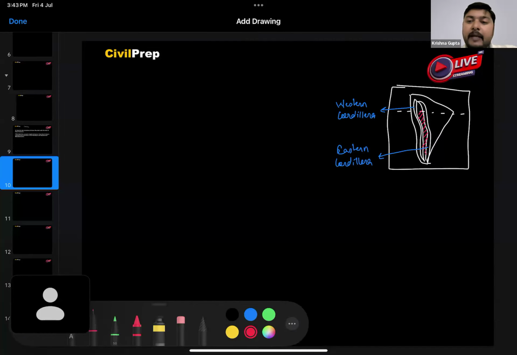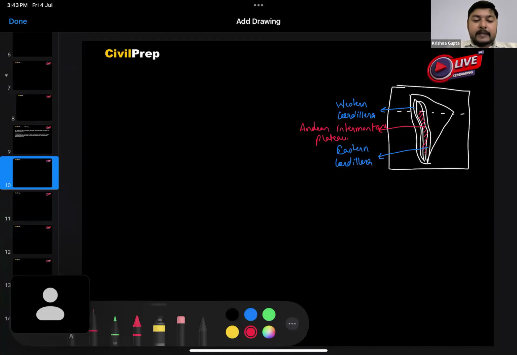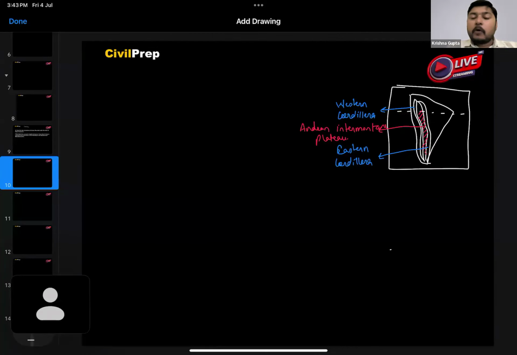And in between that, we have the presence of Andean Intermontane Plateau. Okay, so this is the configuration of Andes Mountain at the contemporary time, and we can see this in this diagram also.